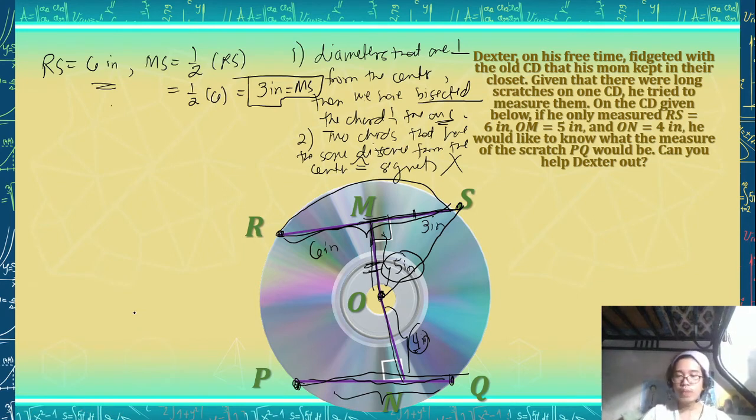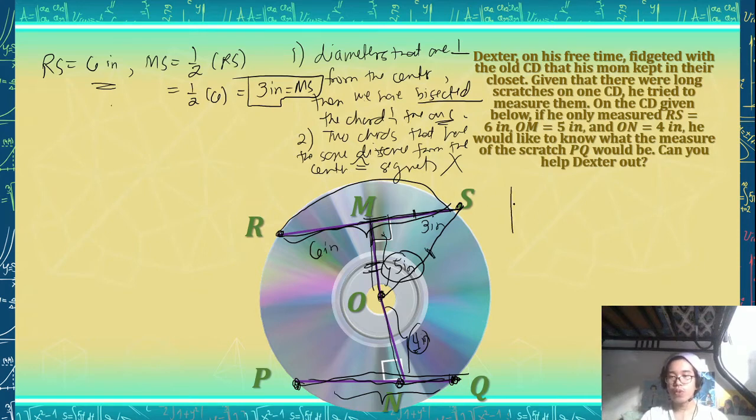To solve for the measurement of PQ here, we would need to find the measurement of NQ, because NQ is just going to be equal to PN. And if we get PN and NQ, we can get the total measurement of PQ. To do that, we need to draw right triangles. For the first one, we drew the first right triangle here.